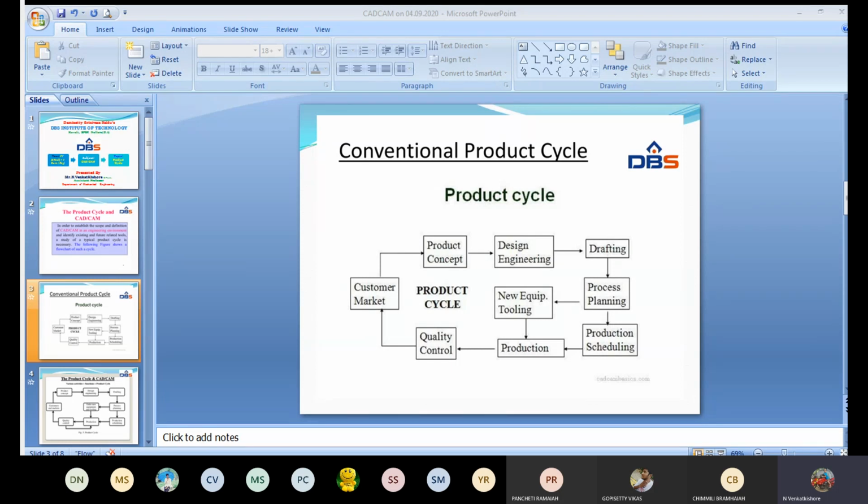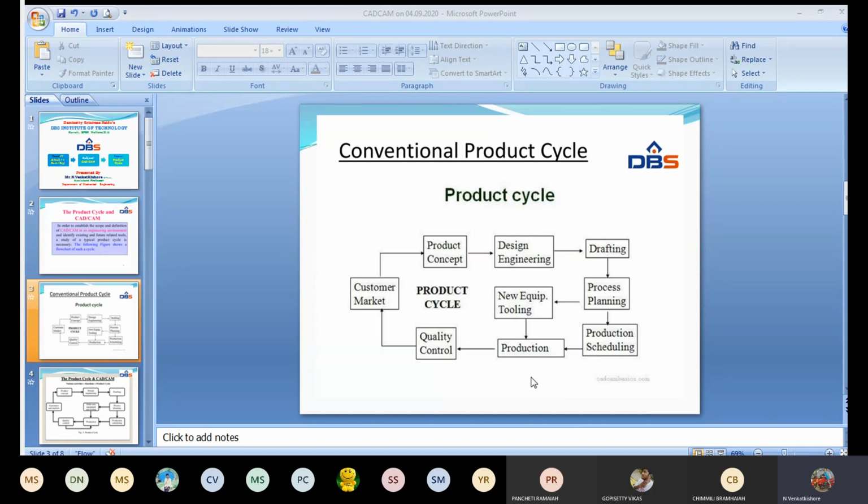Once all these plans are formulated, that means process planning, and if any other requirement of equipment or new things, and finally, if not required, we go directly to production scheduling. After all these three things are completed, we have to go for production.